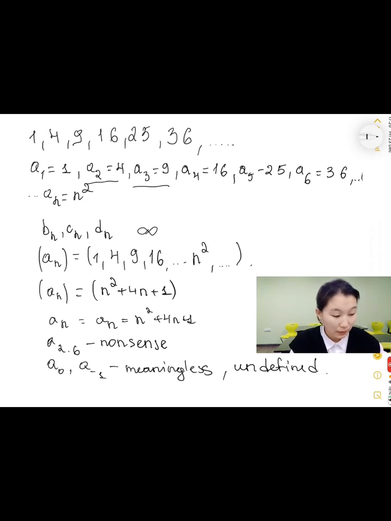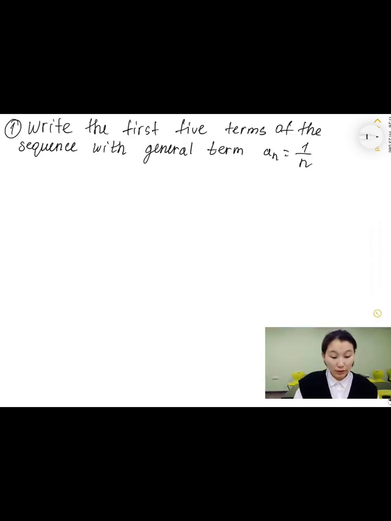Now let's look at some examples of sequences. Write the first 5 terms of the sequence with general term an equals 1 over n.